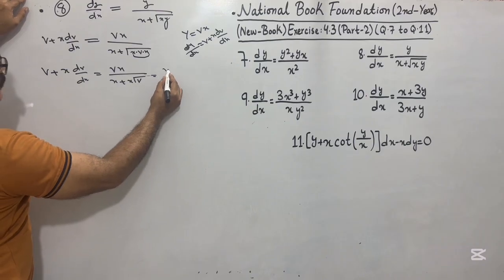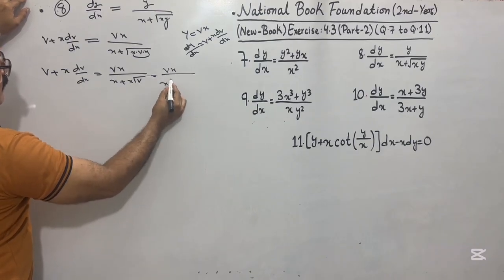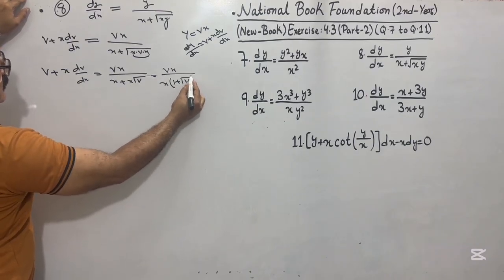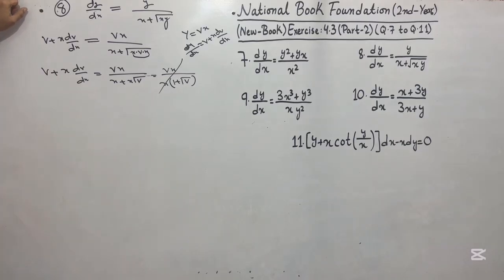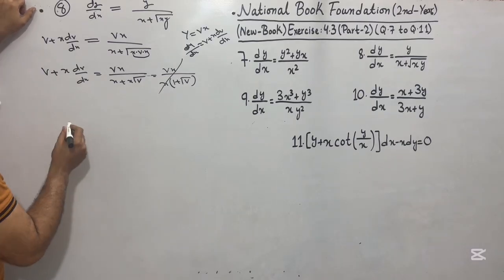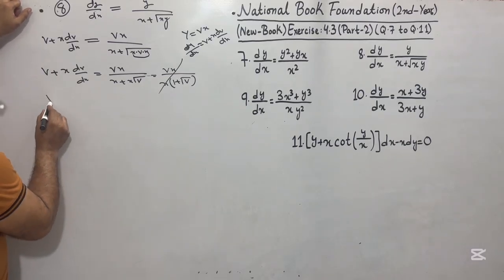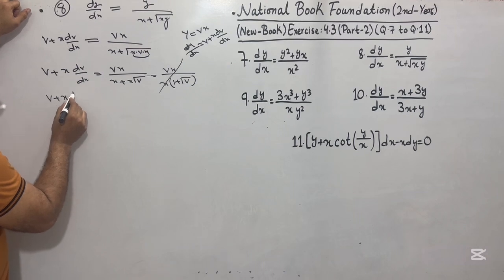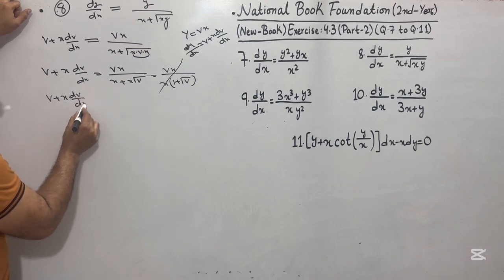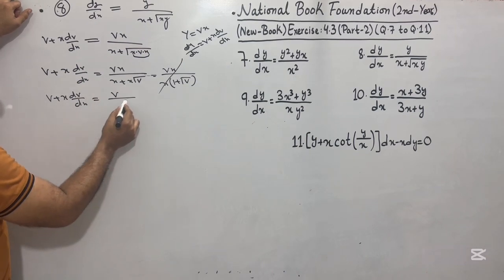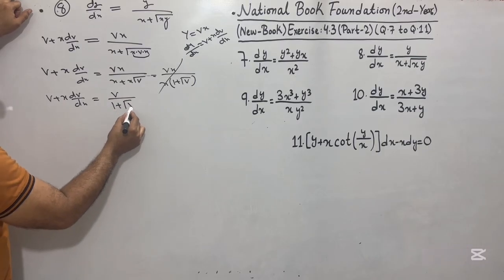Taking x common from the denominator and cancelling out, we are going to have v over 1 plus root v. v plus x dv over dx is equal to v over 1 plus root v.